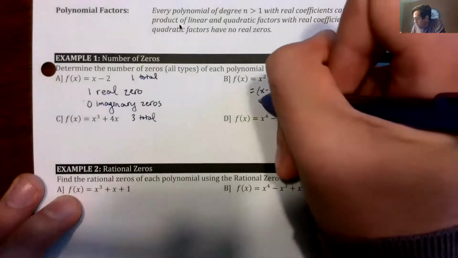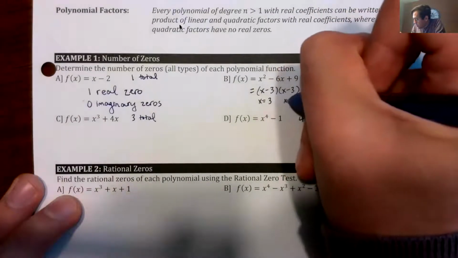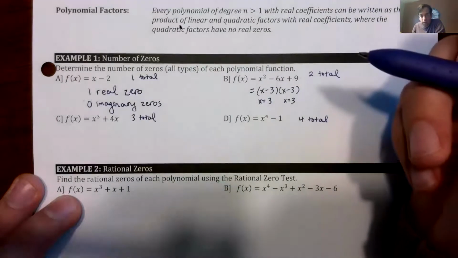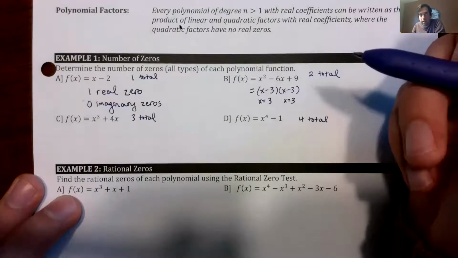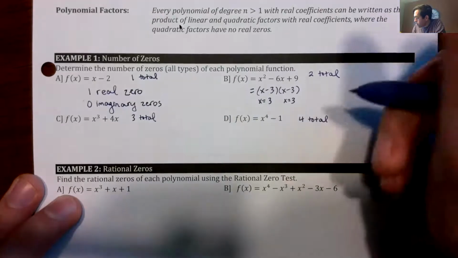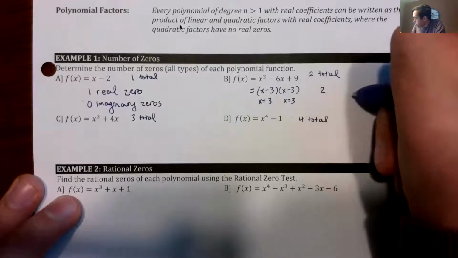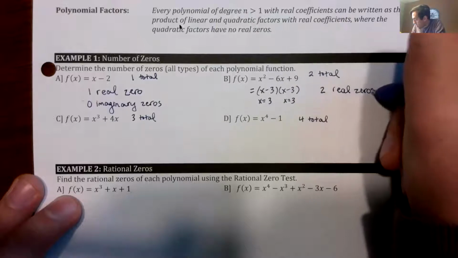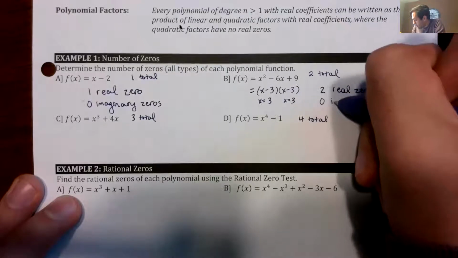And so we have a zero of x equals 3 and another one of x equals 3. So remember, this has a multiplicity of 2, right? The zero of 3 has a multiplicity of 2 because it showed up twice. And those are real numbers. So even though it repeats, it still counts as 2. So that's 2 real zeros. And again, that's all of them. So now we have 0 imaginary zeros.